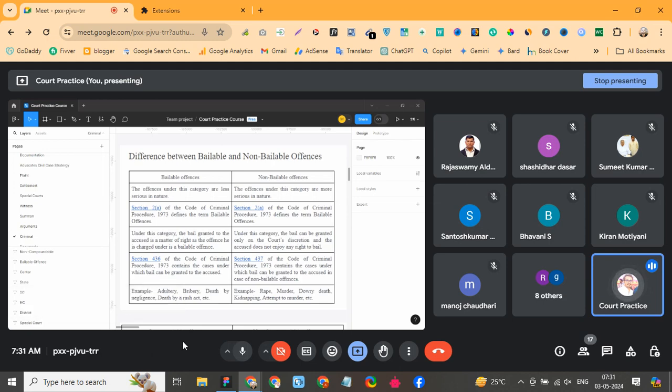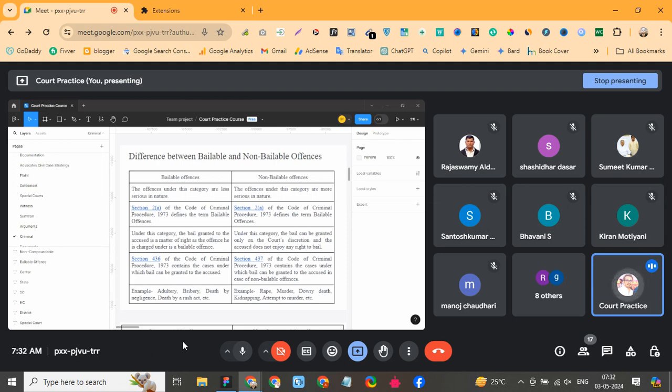As we already said, non-bailable offenses are more serious in nature. For example, rape, murder, dowry death, kidnapping, attempt to murder, all are serious in nature. In all these scenarios, the punishment to any person is 3 years or 2 years or more than that.